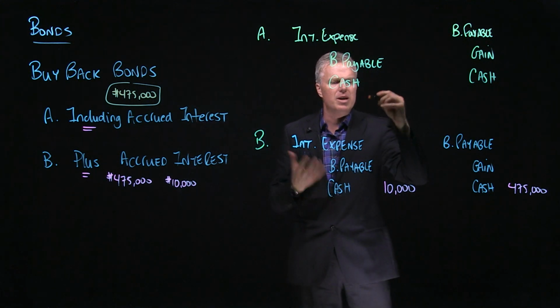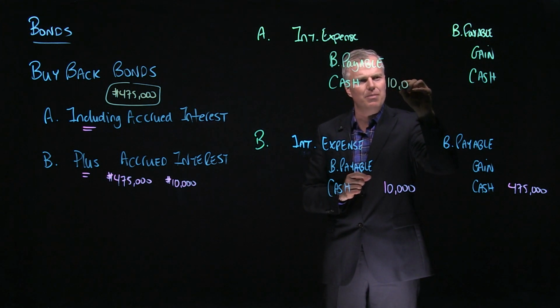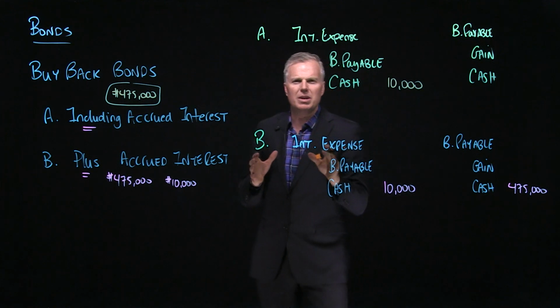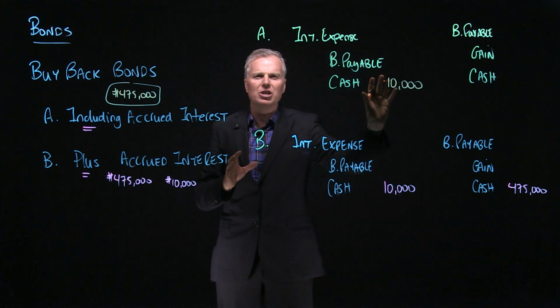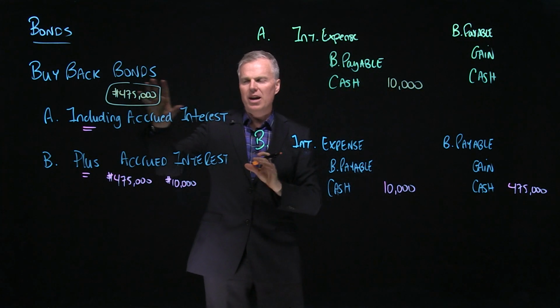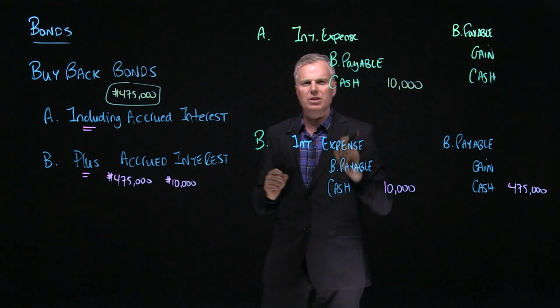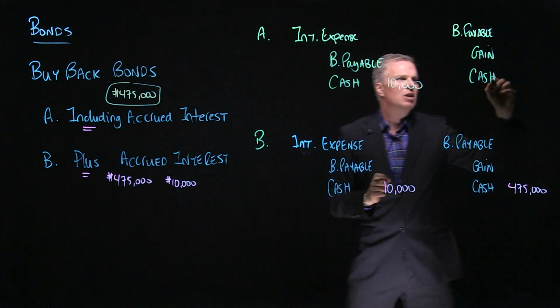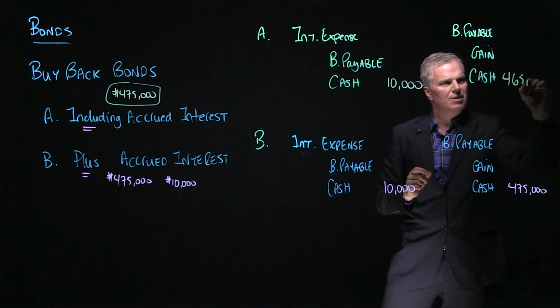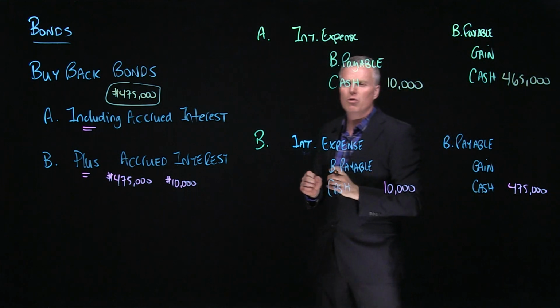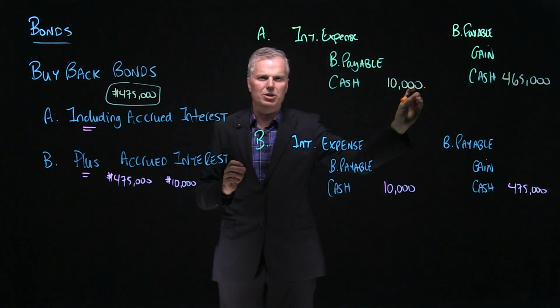So if we had calculated, using similar numbers, the interest portion to be $10,000 in cash, well, you paid a total of $475,000. You've now accounted for $10,000. That means that you paid $465,000 for the bond portion.